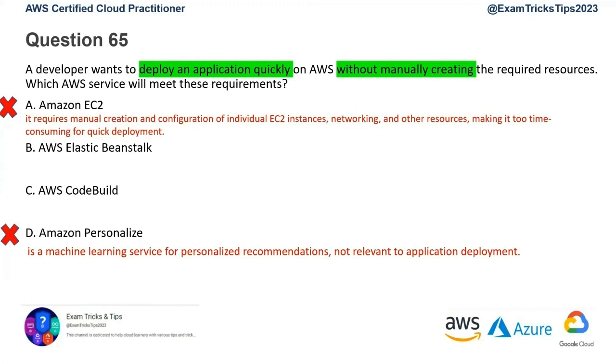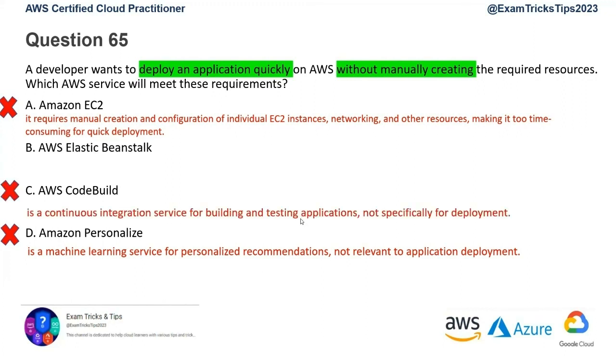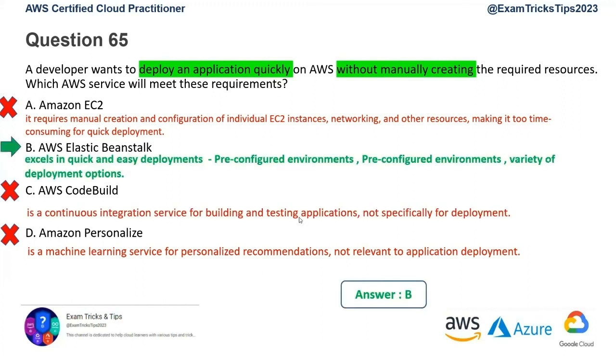We are left with AWS Elastic Beanstalk, and obviously that's the only answer left. So that will be the correct answer. AWS Elastic Beanstalk is the correct answer for us on this particular question. Now, AWS Elastic Beanstalk gives you pre-configured environments. It automatically creates and manages underlying infrastructure like EC2 instances, load balancers, and security groups.